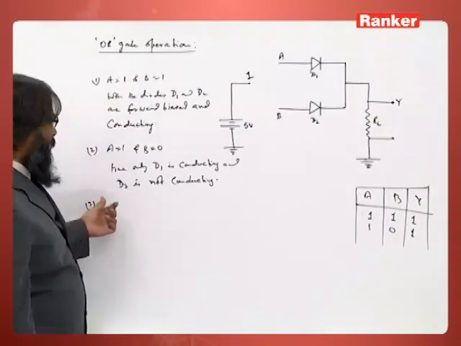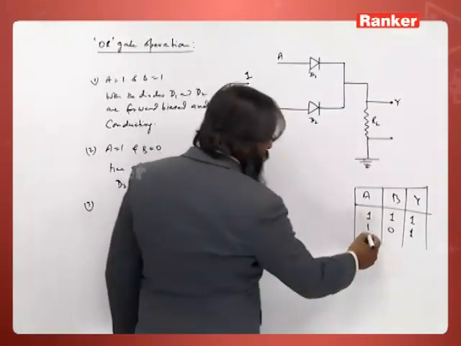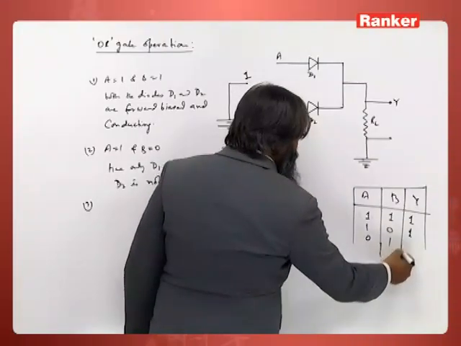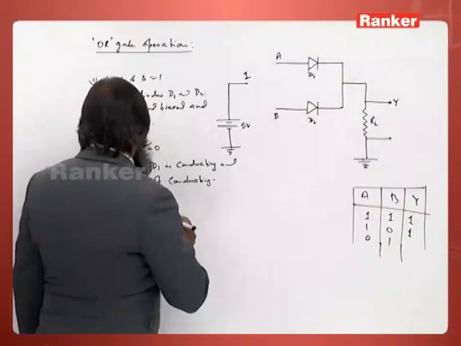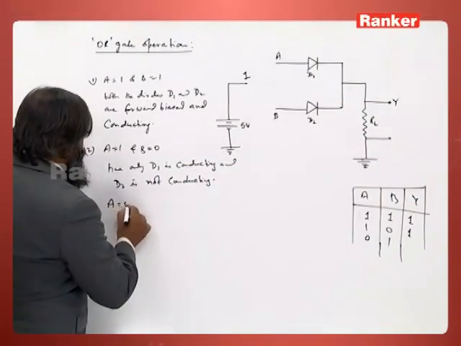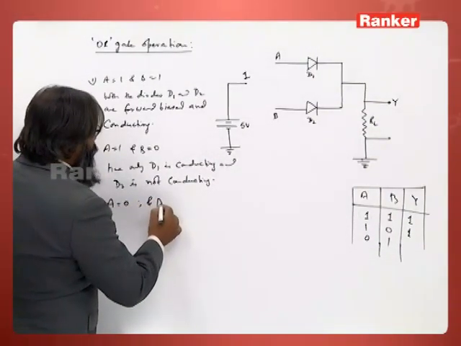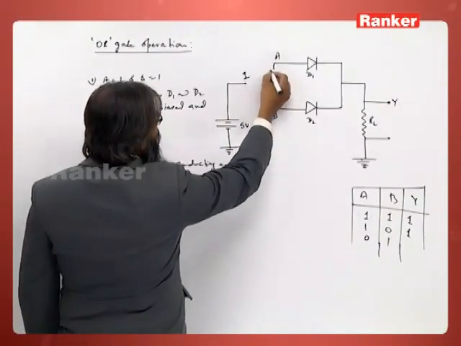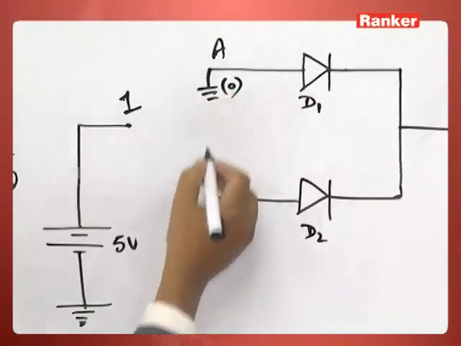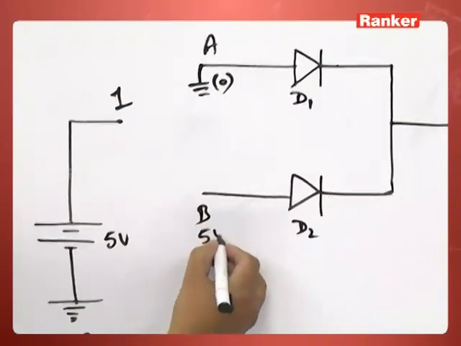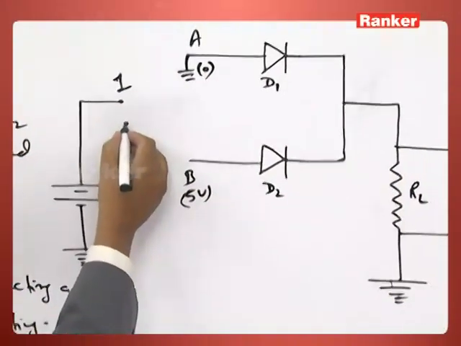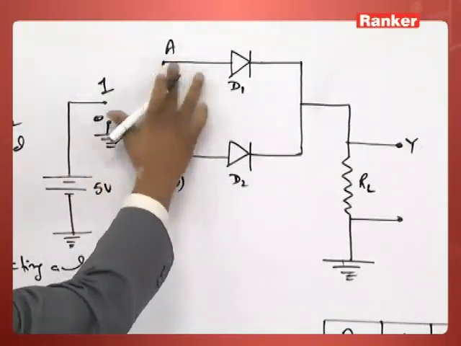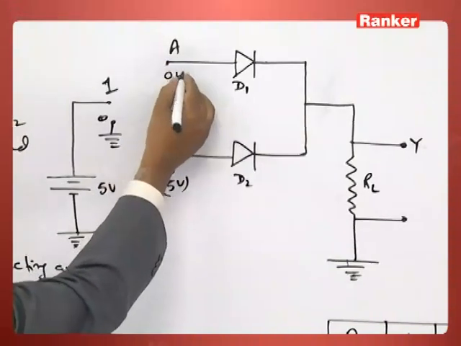Now, come to the third case: we will take A as 0 and B as 1. We expect this again to be 1, let us see how. So, A is equal to 0 and B is equal to 1. That means A is 0, it is earthed, suppose this is 0, and B is 1, meaning 5 volts. Earthing means it is 0, so if I connect A with this, it becomes 0 volts.